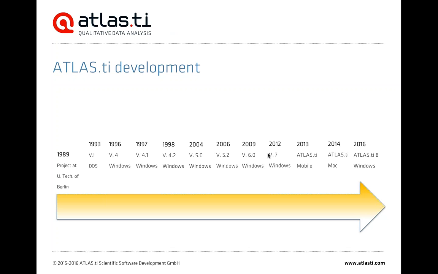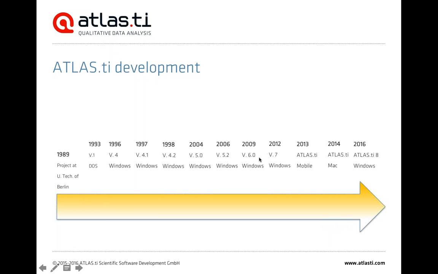I just wanted to let you know, because I don't know how many of you have used ATLAS.ti in the past, that ATLAS.ti has a pretty long history of 27 years. We can say that ATLAS.ti was born in 1989 as a project of the Technical University of Berlin.